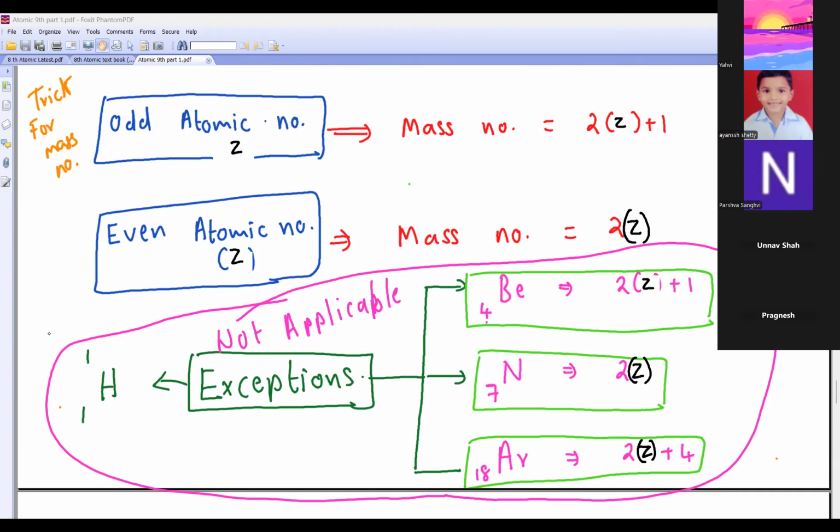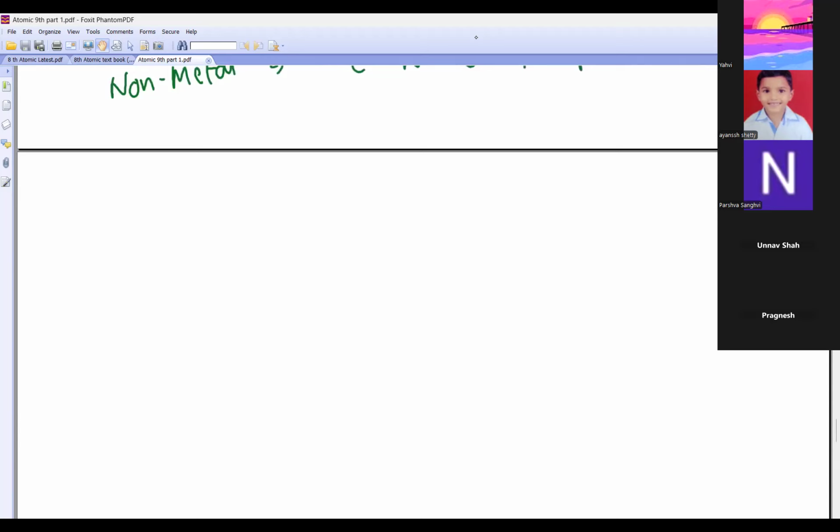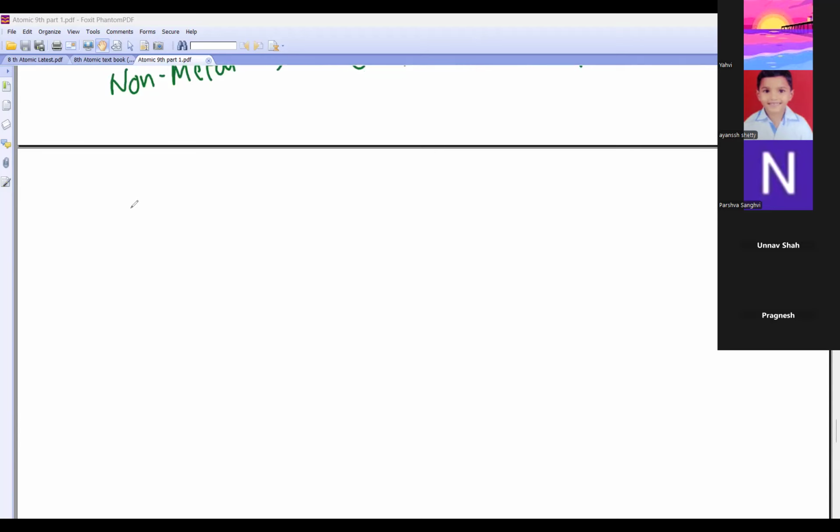Very nice. Now for even numbers, what do we have to do? 2 into Z. This is not applicable to beryllium, remember. Helium is even, carbon is even, oxygen is even, neon is even, magnesium is even, silicon is even, sulfur is even.